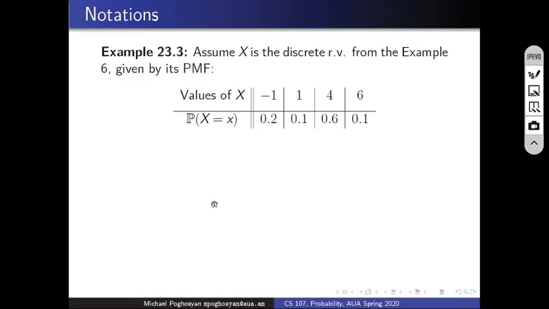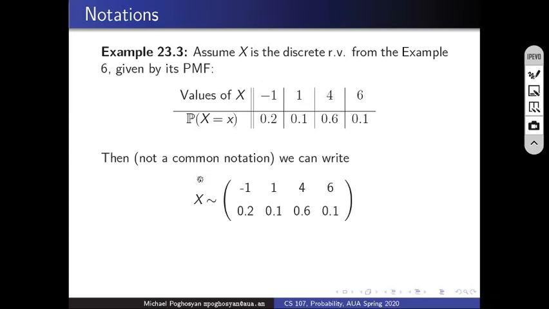Now, another notation. Assume x is a discrete random variable from our previous example, from example 6. I do not remember what that example 6 is, but it is given with this PMF. So this is the table, and we can write that.